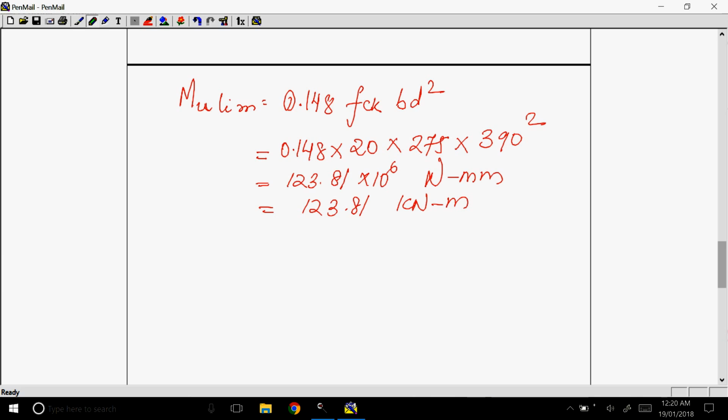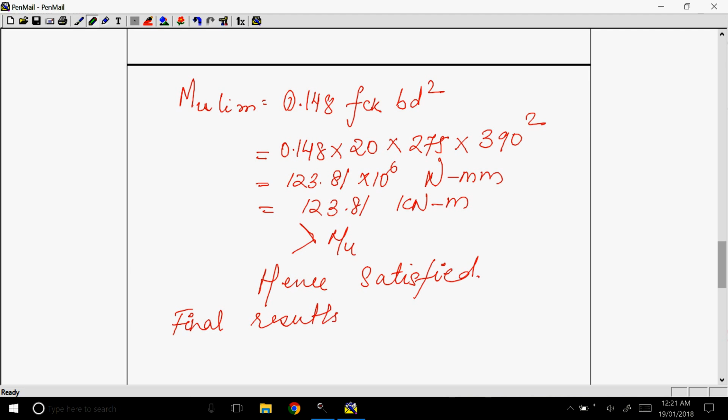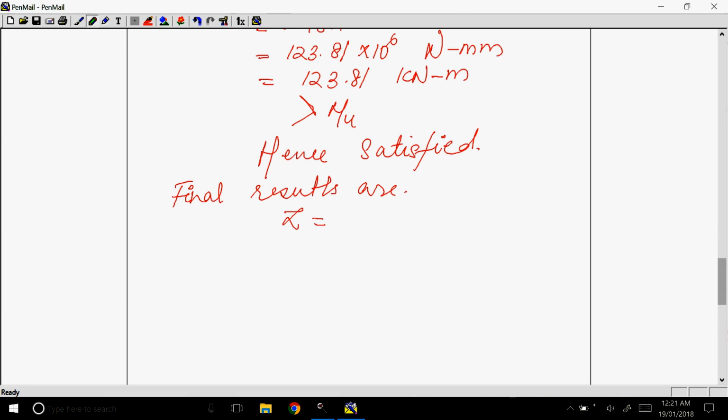Then Mu, that is the moment of resistance, is equal to 61.83 kilonewton meter. Hence we have come to the conclusion. So this was the problem. Hope you understood this problem. In the next lecture I'll start doubly reinforced section. Till then, bye. Have a nice day. Take care.